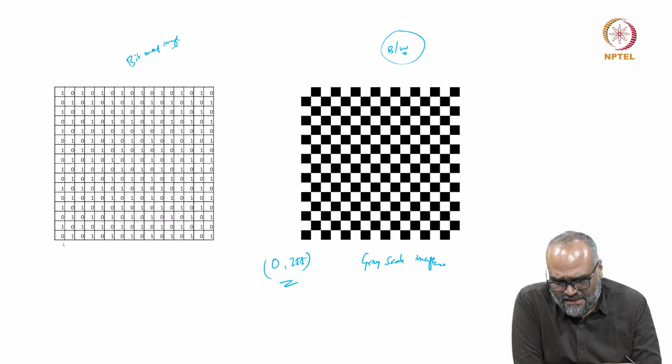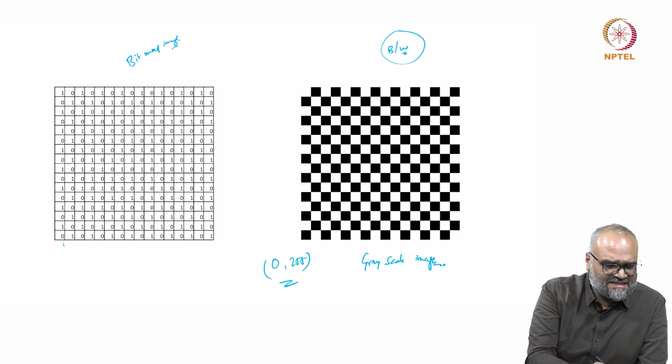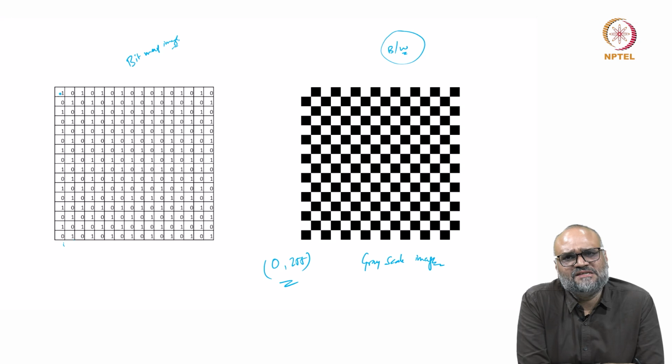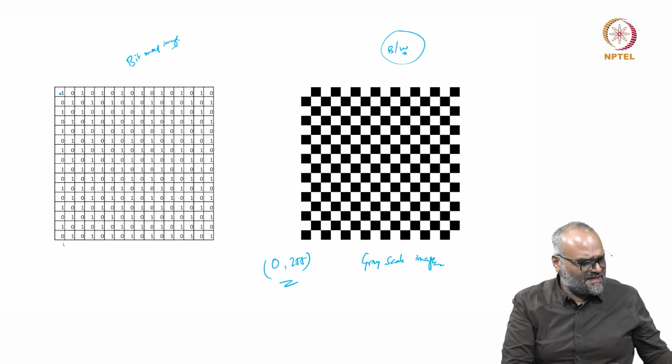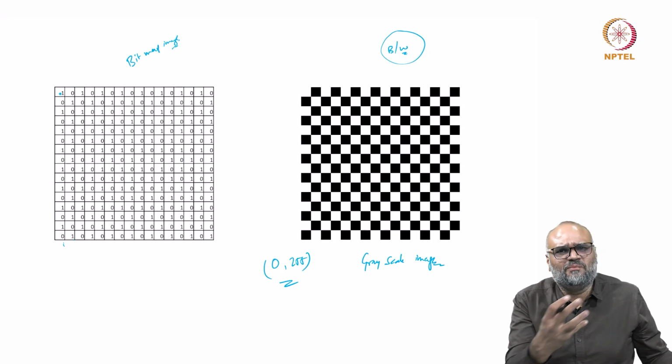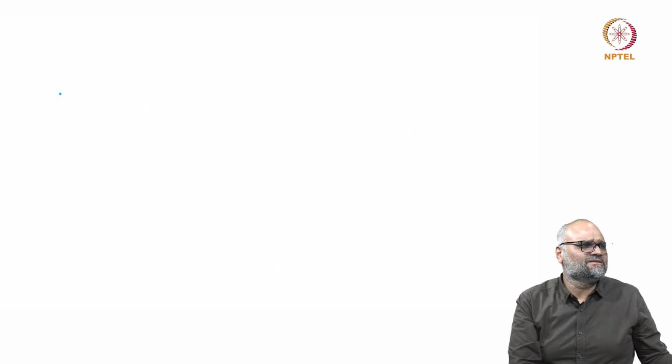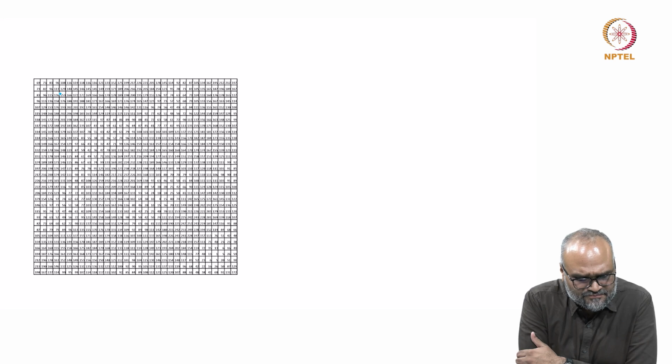Now, if I have a grayscale image, this is what I record in typical electron microscopes. I have these intensity values ranging from 0 to 255, and let's take a look at a slightly more complicated version of an image. So I now have a 64 cross 64 array here.